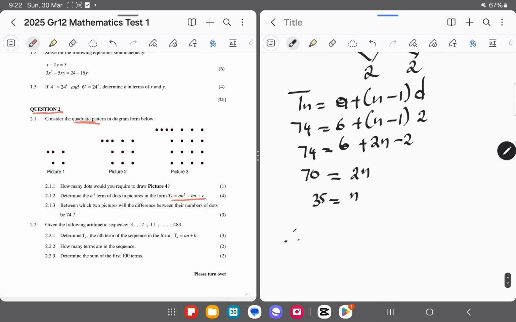Therefore, it means the difference will be between term 35 and term number 36. It will be in between picture 35 and picture 36. The difference will give you 74.